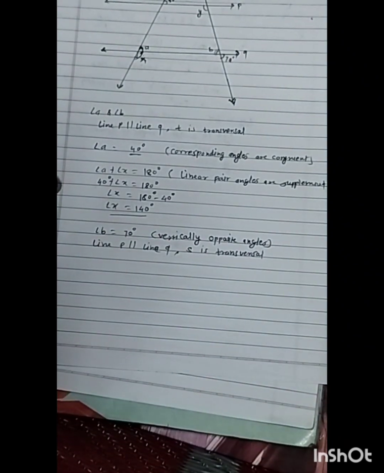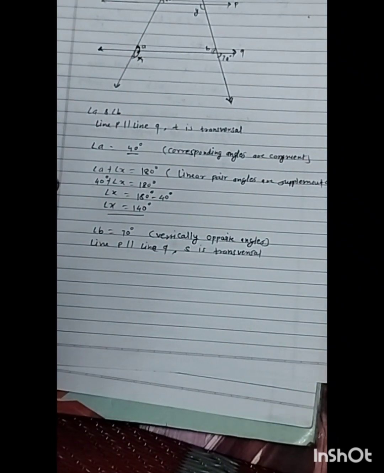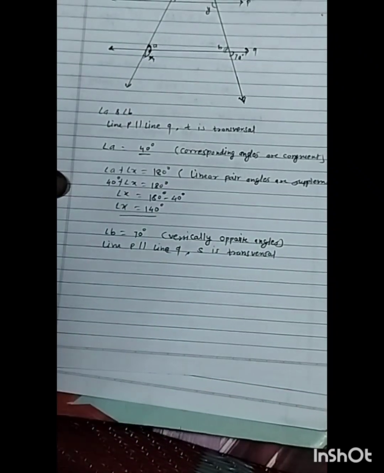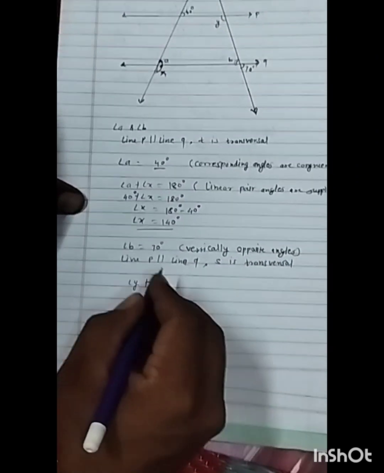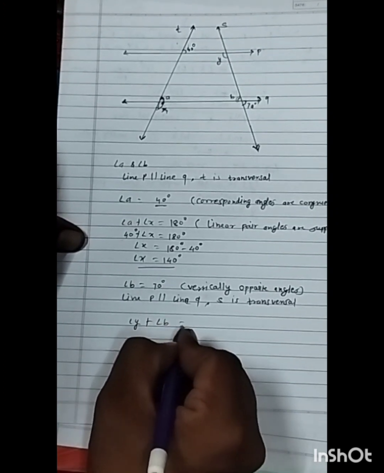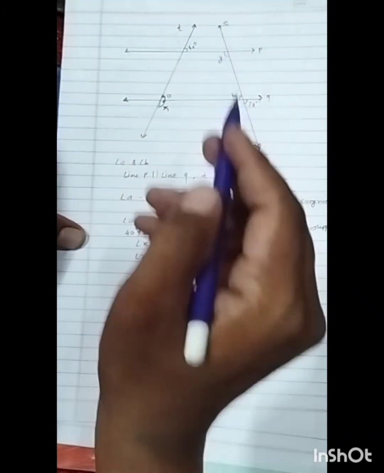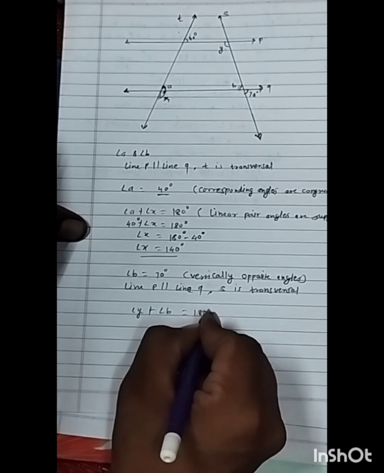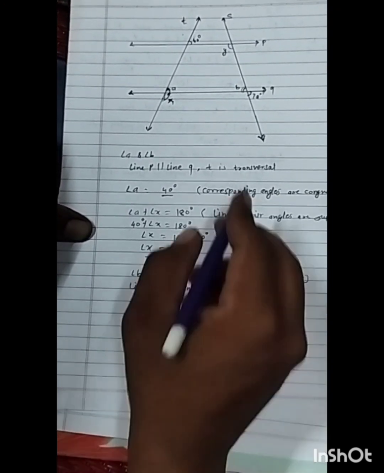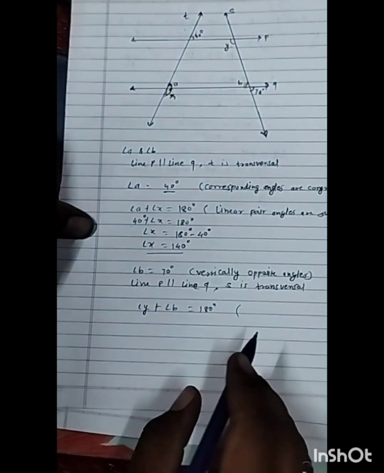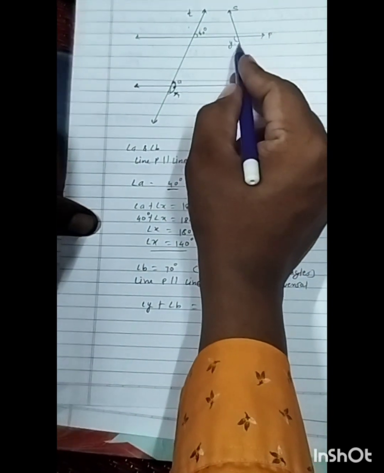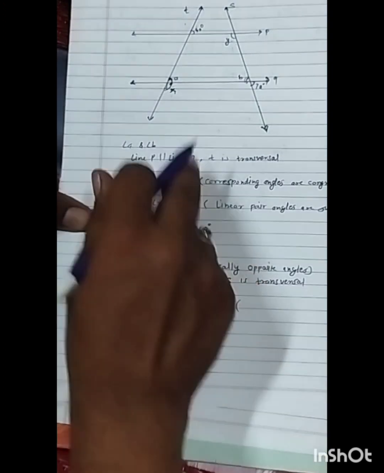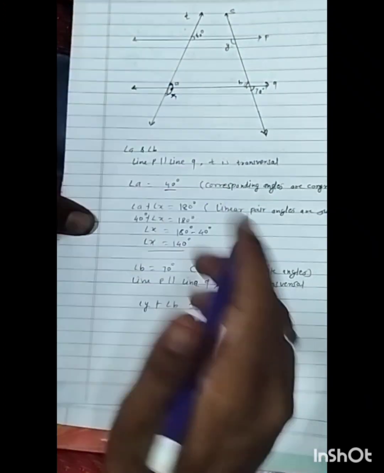Okay students, now we have to find the angle Y. So to find angle Y, we can write angle Y plus angle B is equal to 180 degrees, and we can see both are interior angles. See, angle B and angle Y are both interior angles.